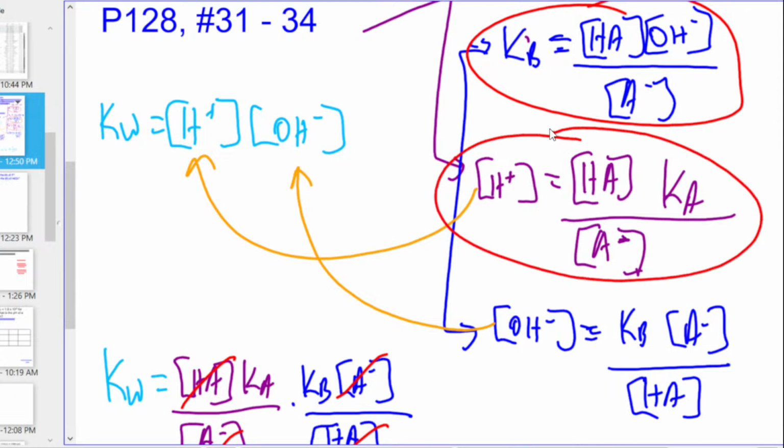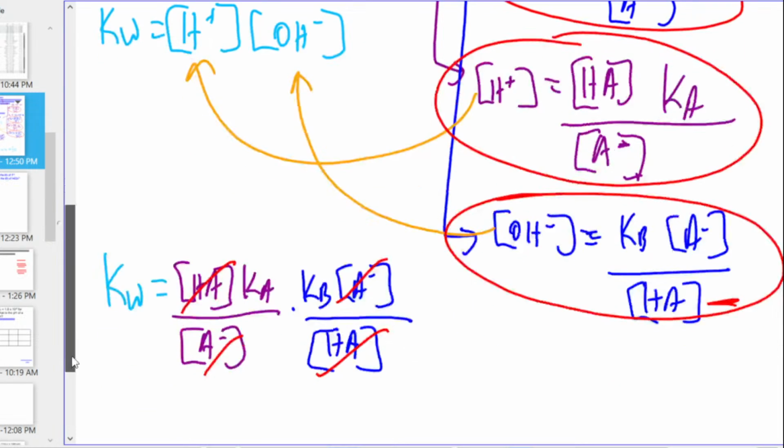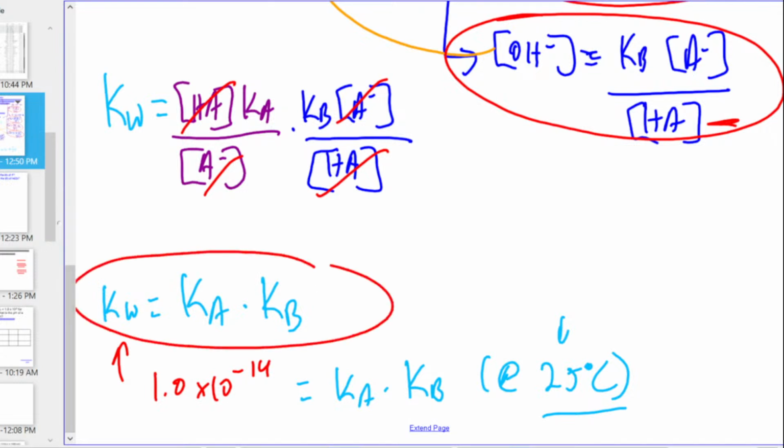And then your OH minus should look with HA on the bottom. I think you had one of them reversed. And then the final relationship we have is Kw equals Ka times Kb. If we don't have to do all those OH and H plus steps, now we know this relationship. You just look it up in the table.